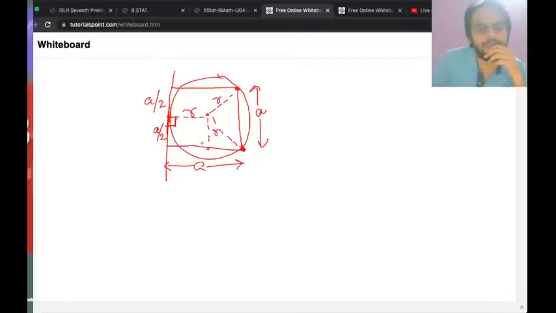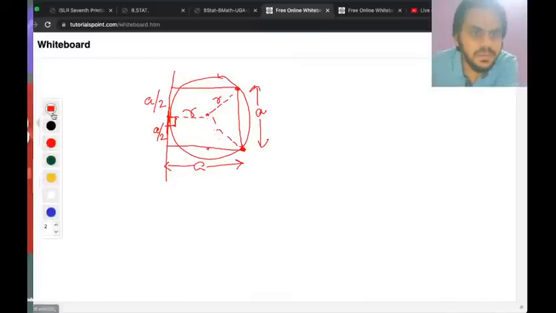Okay, I made a mistake over here. This is not r. This quantity is not r. This is r. This is something which we do not know as of now.